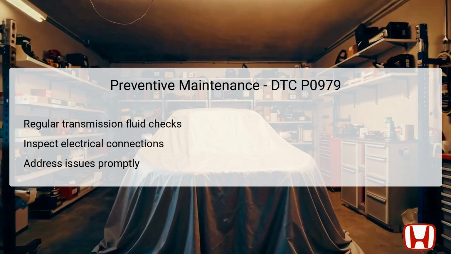Should any issues or anomalies be detected, addressing them promptly can prevent cascading failures. This proactive approach to maintenance not only extends the life of the transmission, but also enhances overall vehicle performance, ensuring safer and smoother driving experiences.